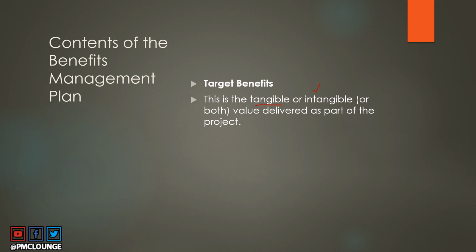So this is the target benefit of the project, and this should be mentioned in your benefits management plan. Remember, we are talking about the contents of the benefits management plan. What exactly is included in this document known as benefits management plan? Target benefits is one thing.